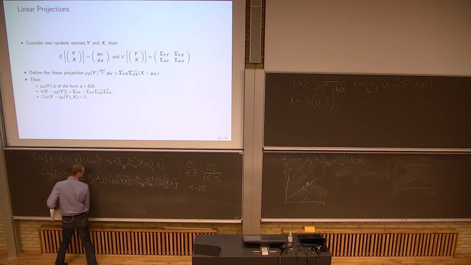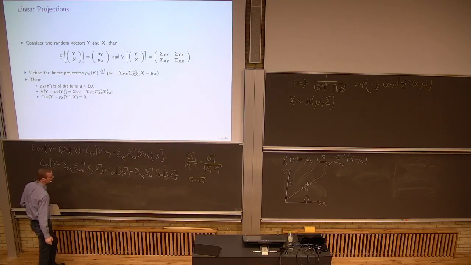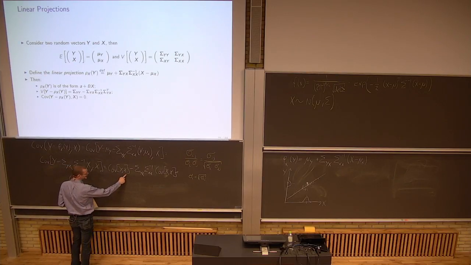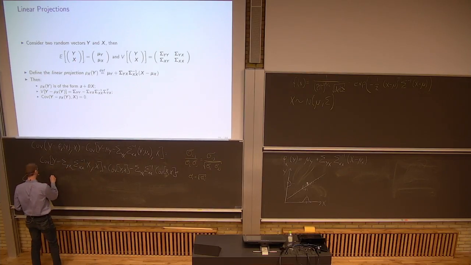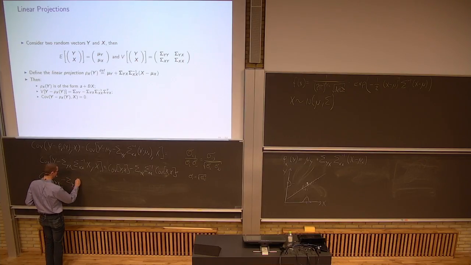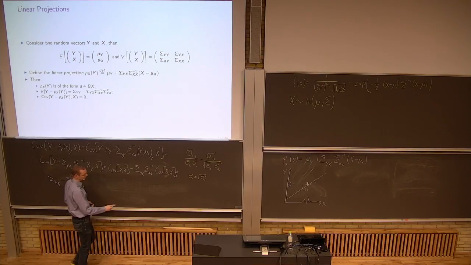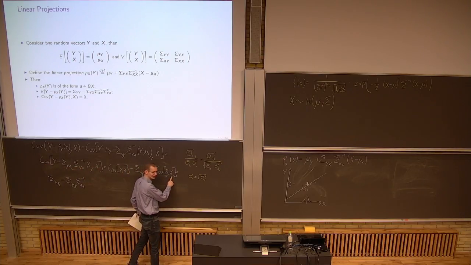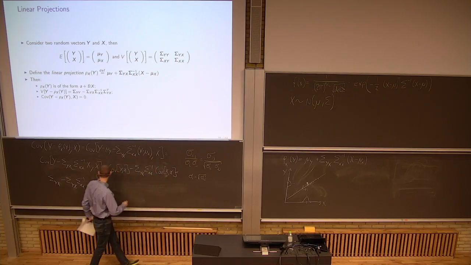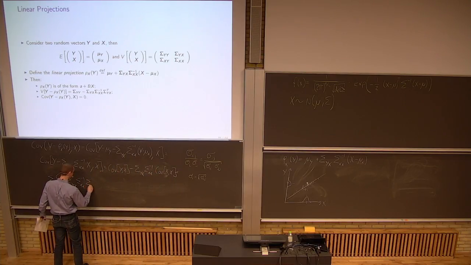Now let's look at the individual terms here. What do we have? The covariance between y and x. Well, that is what we define as sigma yx, minus sigma yx, sigma xx inverse, and the covariance between x and x, that is exactly sigma xx.